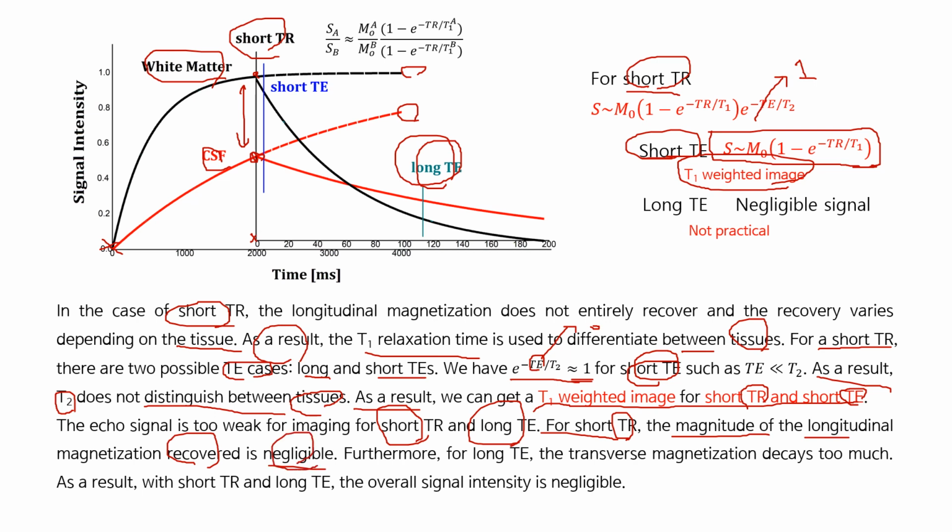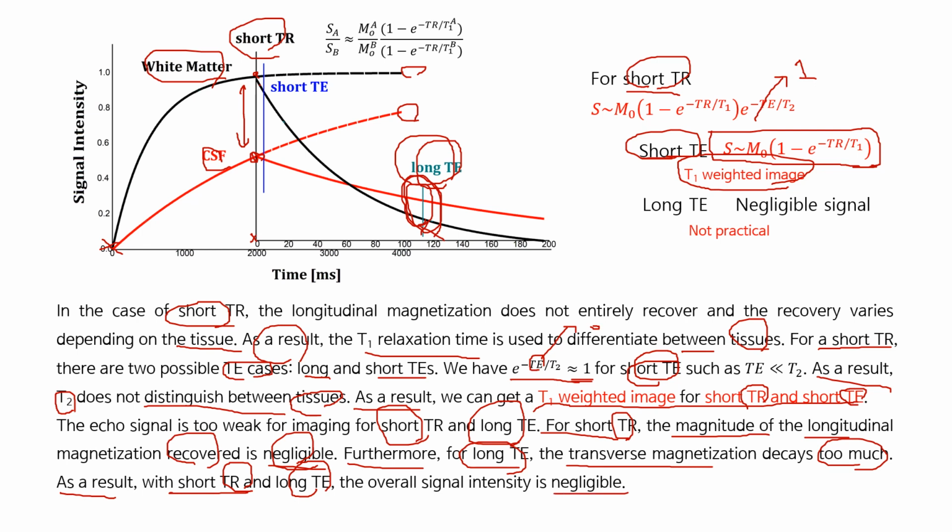Furthermore, we have to wait for a long time for the echo signal. So with long TE, the signal is small here, and we have to wait a long time for the echo signal. So the transverse magnetization decays too much. As a result, with a short TR and long TE, the overall signal intensity is very small.